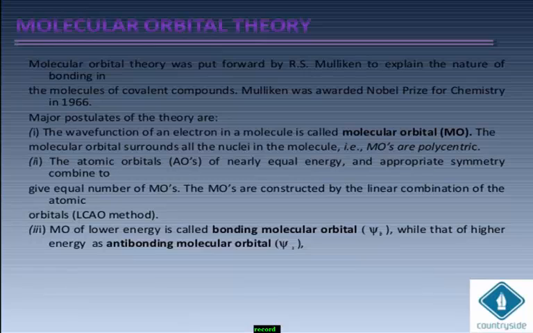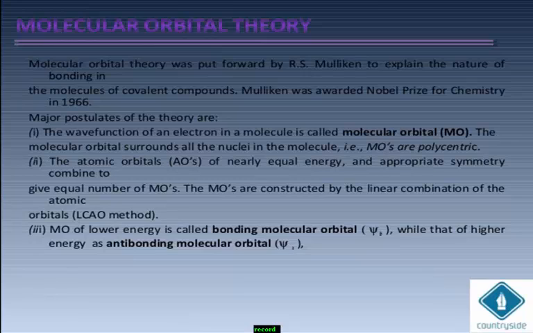Atoms are combined to form molecules. Similarly, atomic orbitals are combined to form molecular orbitals. These molecular orbitals are polycentric. A molecular orbital is a three-dimensional region around the nuclei where the probability of finding the electron is more in a molecule.